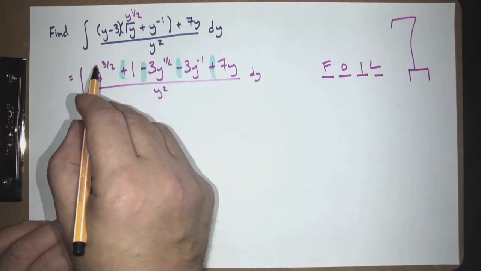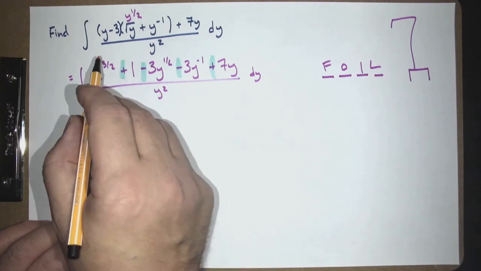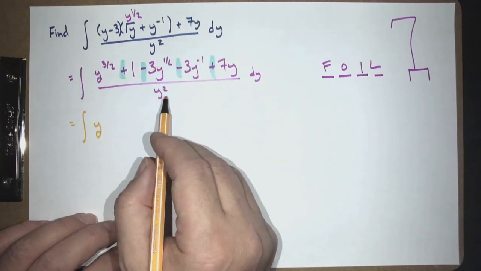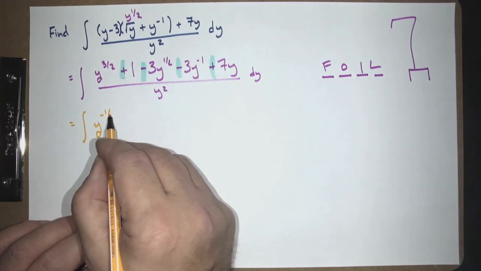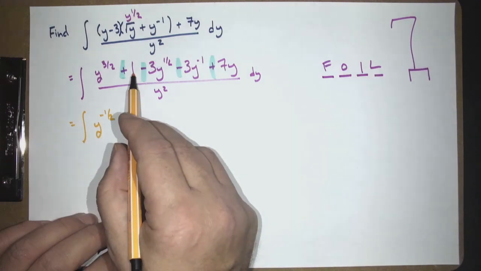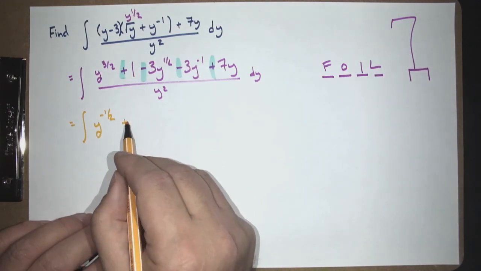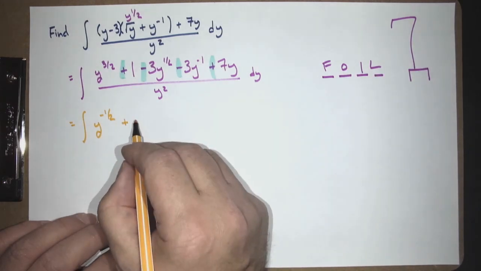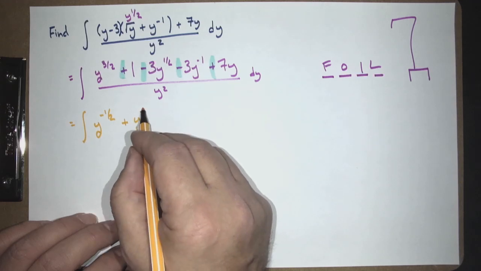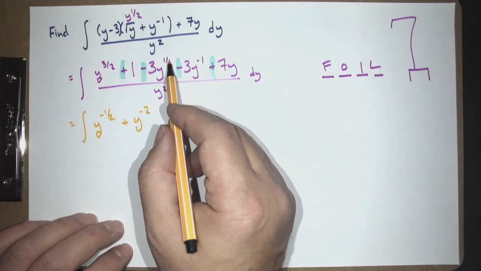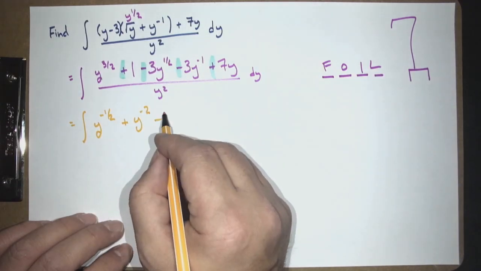What do you do with the exponents? Subtract. 3/2 minus 2, -1/2. 1 divided by y squared, how will we write that? Y to the -2. Y to the 1/2 divided by y squared, how will we write that?